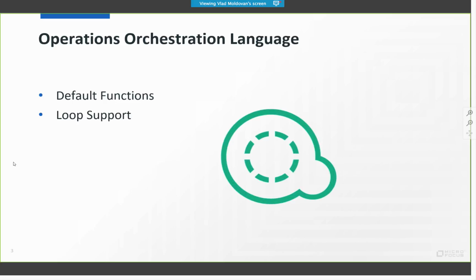Next, we have the loop support. While in most programming languages, you have some structures which allow you to either iterate or process whatever number of elements through your code, you can do the same in operations orchestration.